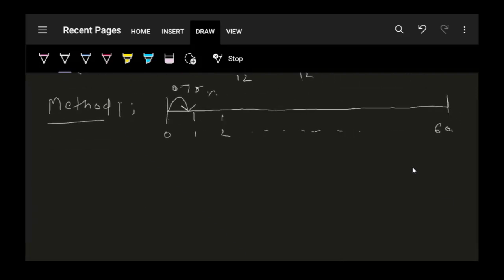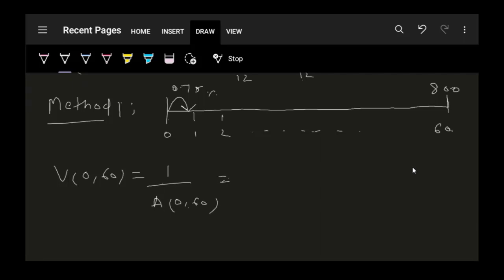So I can get my discount. Since my 800 rupees is here, I will calculate the discounting factor for time 0 to 60, which is 1 upon the accumulation factor.